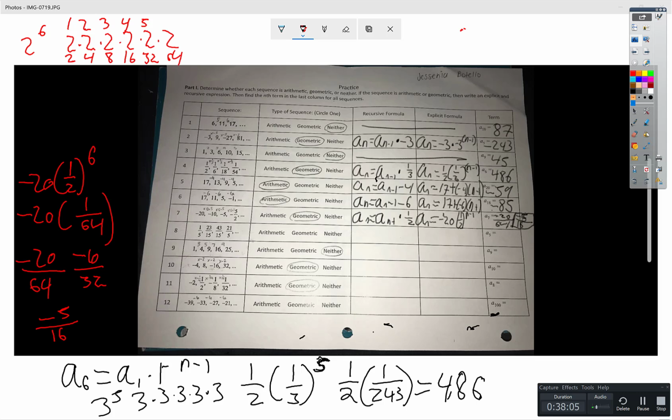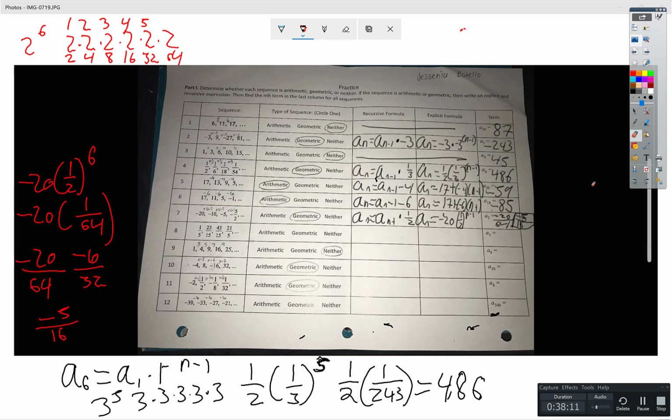Here, 1/5, 23, 40. This one is hard to determine, so no shame in struggling with this one. We have to find, are you adding a certain value? It's hard to say.